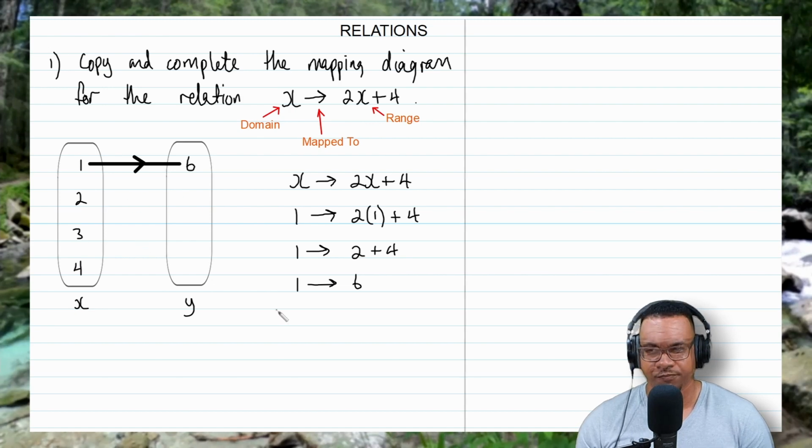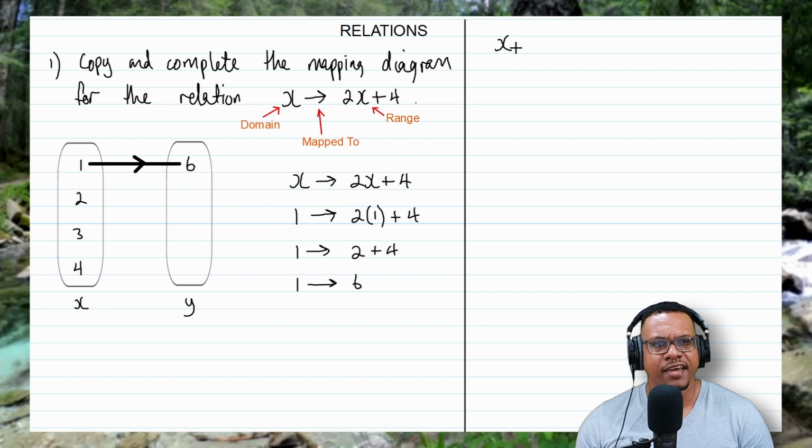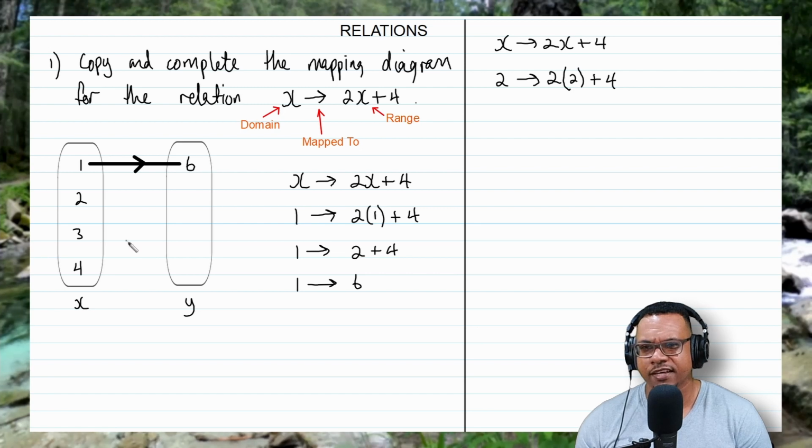So now when x is 2, we'll have x is mapped to 2x plus 4. So when x is 2, that'll be 2 is mapped to 2 times, you replace the x here with 2, plus 4. So you can clearly see here the x is getting replaced with 2.